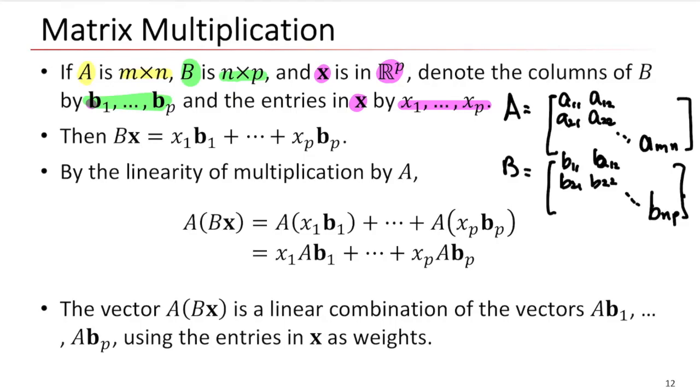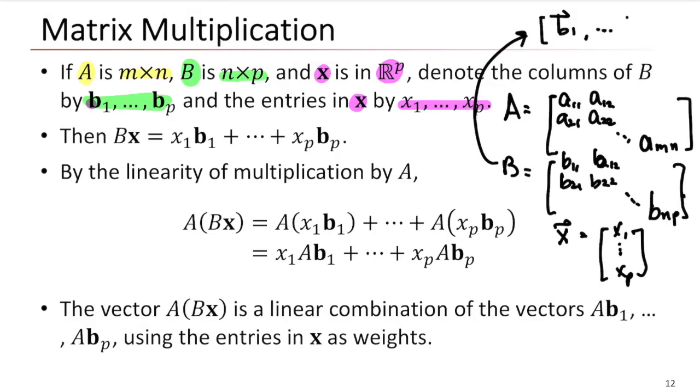And then vector x should be x1 through xp, right? Then the columns of the matrix B are something like vector b1 through vector bp, right?